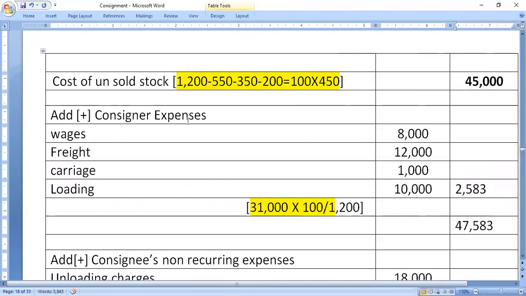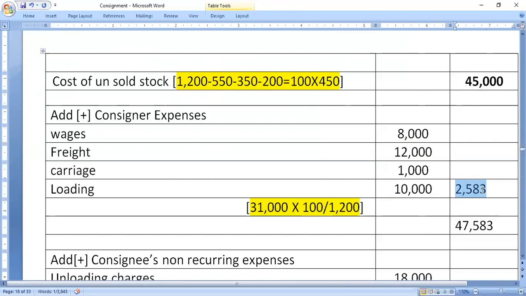Add consignor's expenses: wages 8,000, freight 12,000, carriage 1,000, and loading charges 10,000. So 8 plus 12 is 20, plus 1 is 21, plus 10 is 31,000. 31,000 into unsold bats 100 by total bats 1,200 leads to 2,583.